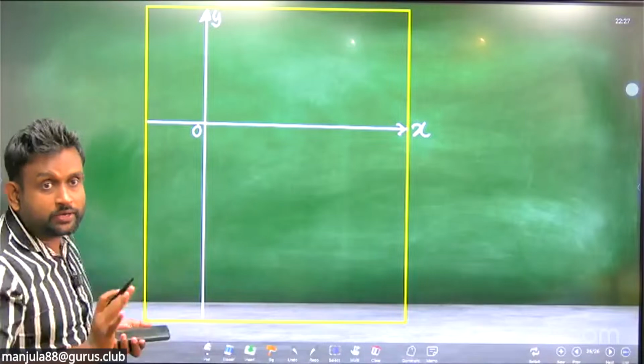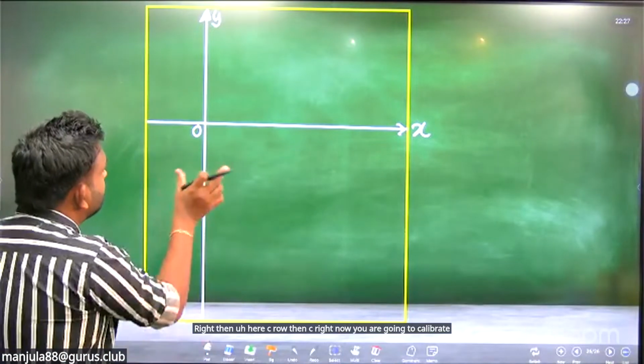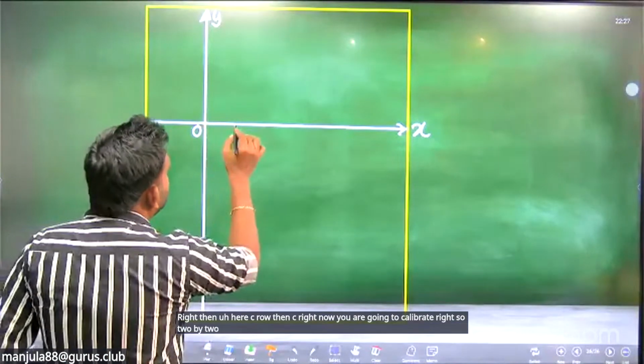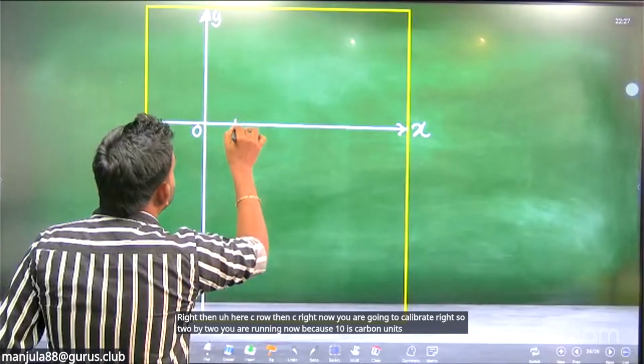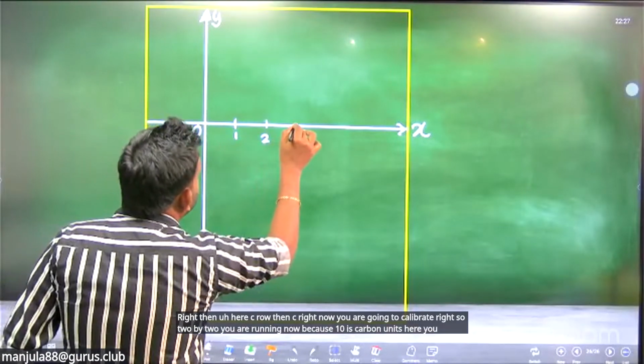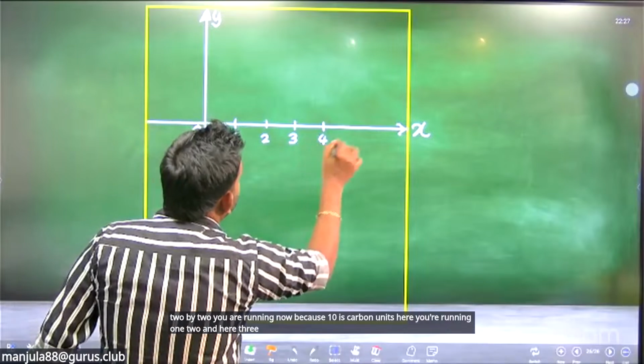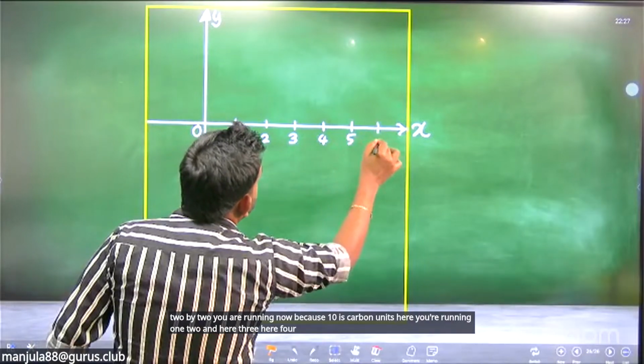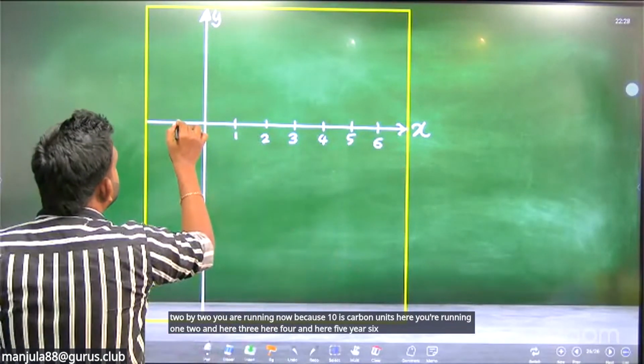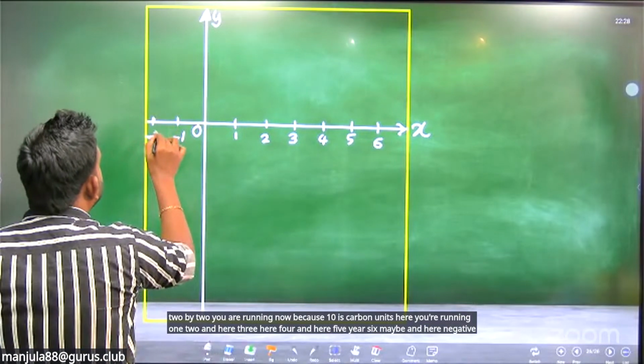Now you are going to calibrate. So 2 by 2 you are running now, because 10 squares is 1 unit. Here you run 1, 2, 3, 4, 5, 6 maybe. And here -1, -2 only I required.